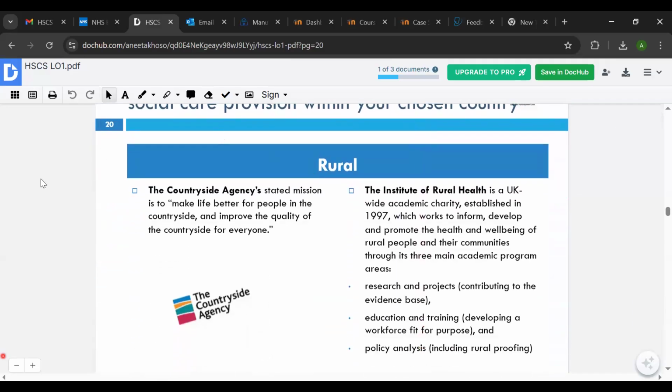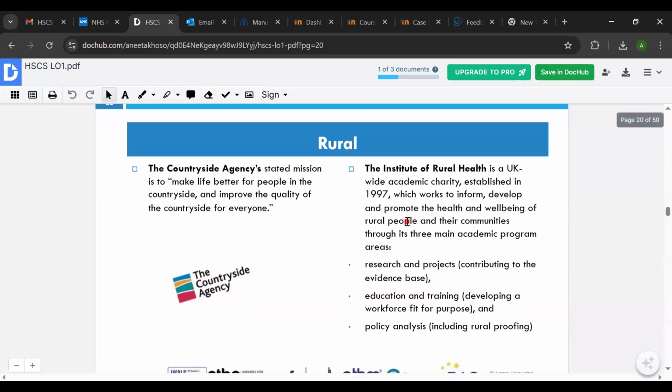Now coming towards the rural areas. The Countryside Agency's stated mission is to make life better for people in the countryside and to improve the quality of the countryside for everyone. There's the Institute of Rural Health in the United Kingdom, a UK-wide academic charity established in 1997.